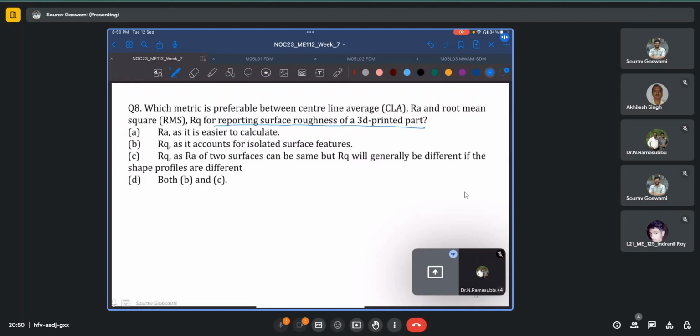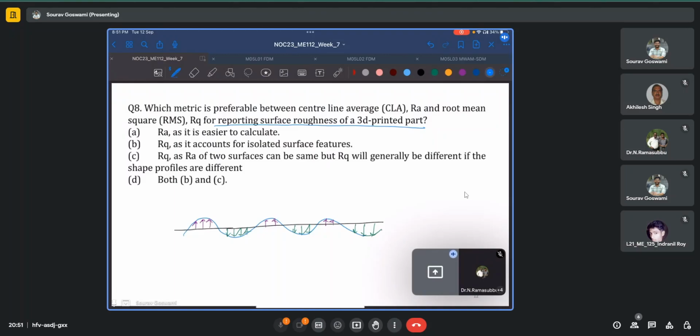Remember how in centerline average we had a profile with asperities. We constructed a line. This line was constructed, it does not exist for real. We can construct it suitably such that the sum of the areas above this line equals the sum of the areas below it.